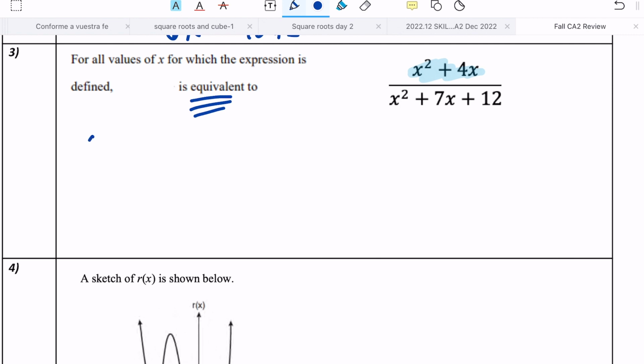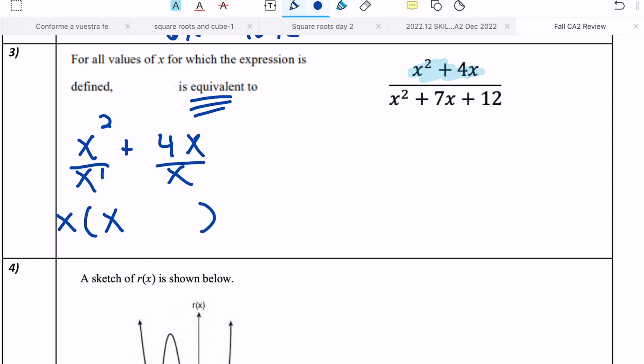So let's write that over here. I see a GCF of x. So I divide by x on both sides. x squared divided by x is x. 4x divided by x is 4. So we're going to have x times x plus 4 in the top.